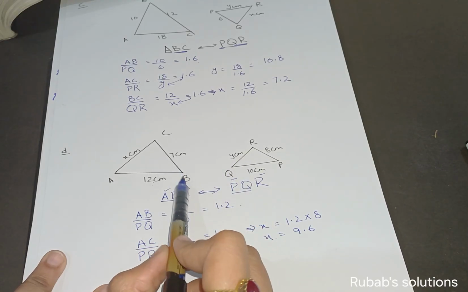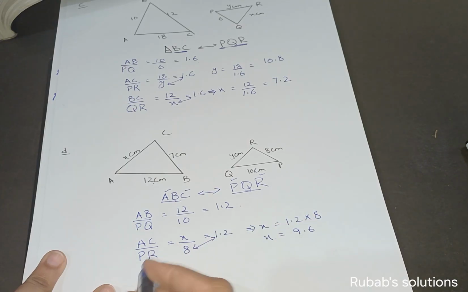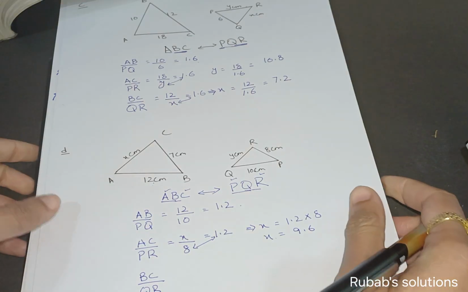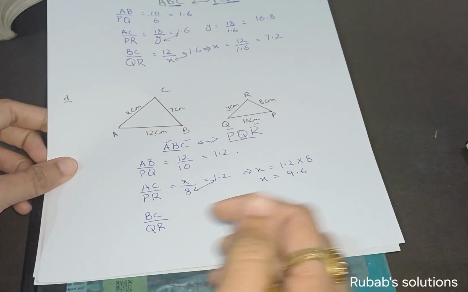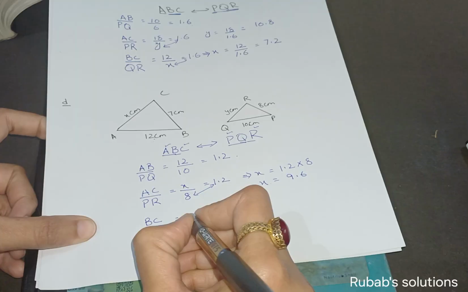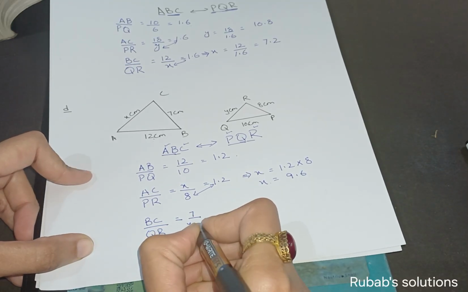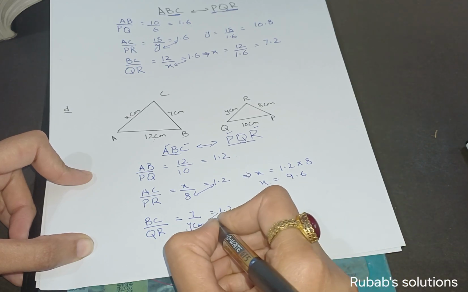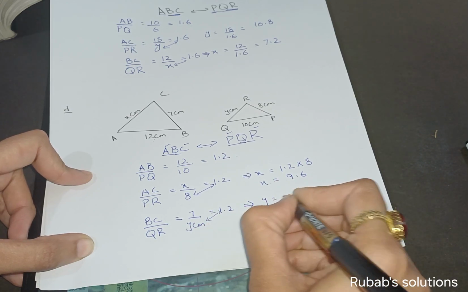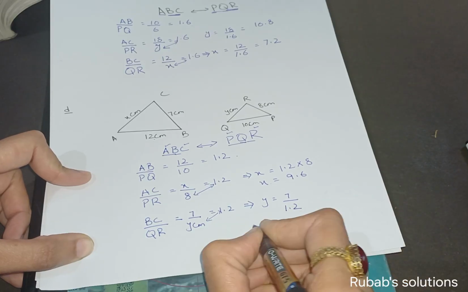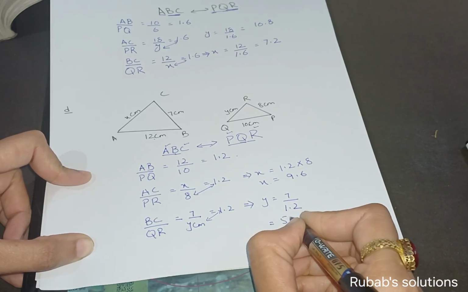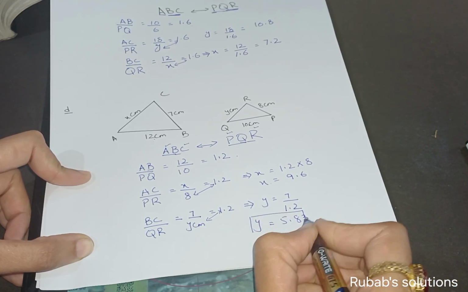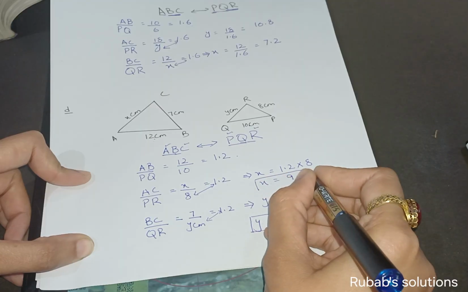Now I am taking this side, so BC divided by QR is equal to, BC is 7, QR we have to find, that is Y centimeters. This is equal to 1.2. Again we will do cross multiplication, so Y will be equal to 7 divided by 1.2, and the answer is 5.83. So this is the value of Y, and this is the value of X.